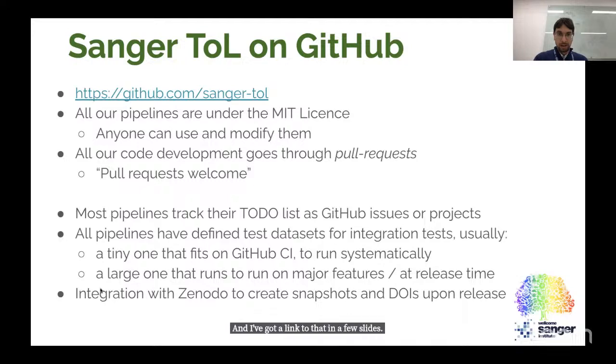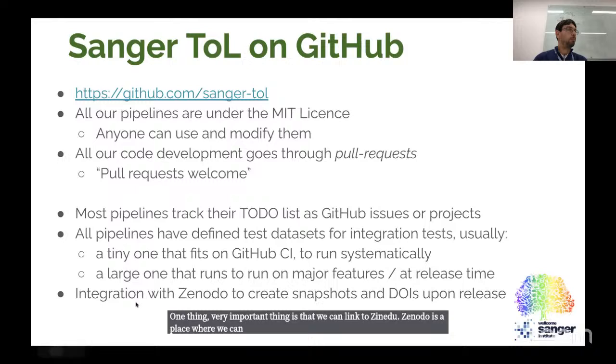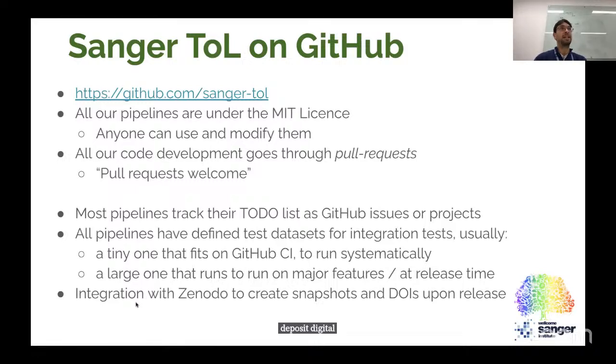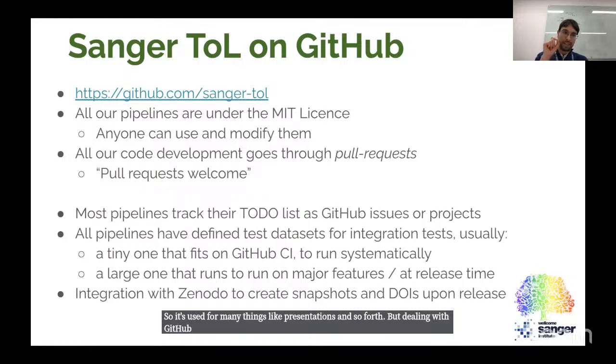One very important thing is that we can link to Zenodo. Zenodo is a place where we can deposit digital objects, and they can be accessioned. It's used for many things like presentations and so forth. But the link with GitHub means that whenever we tag a new release on GitHub, it makes a snapshot to Zenodo.